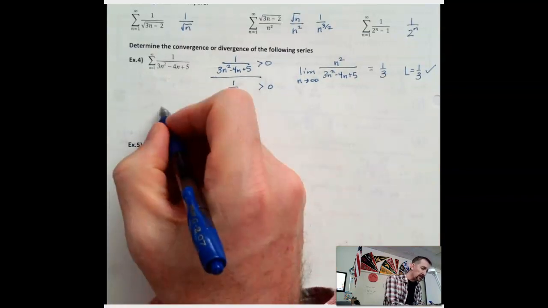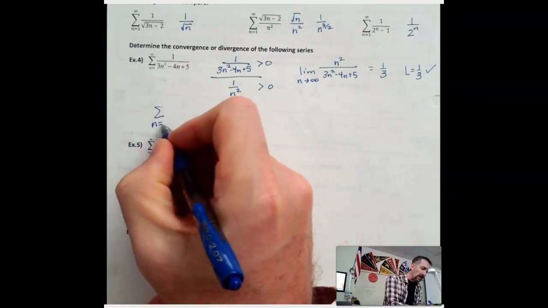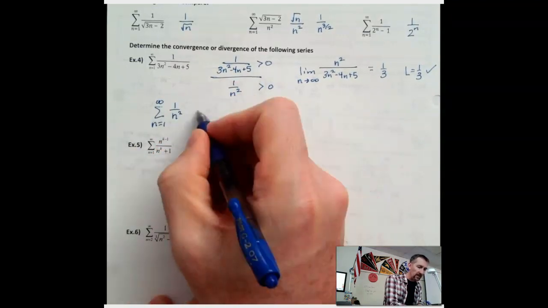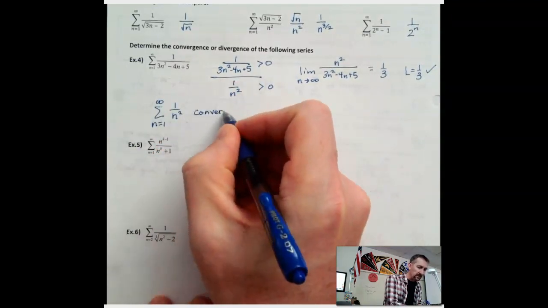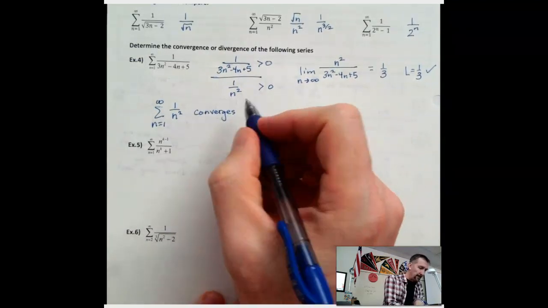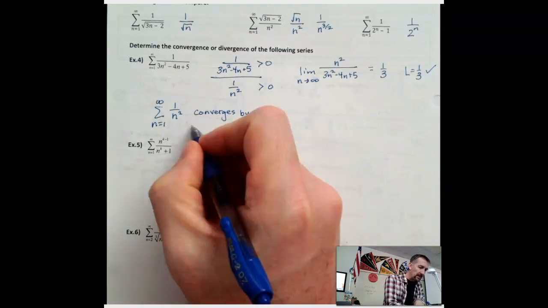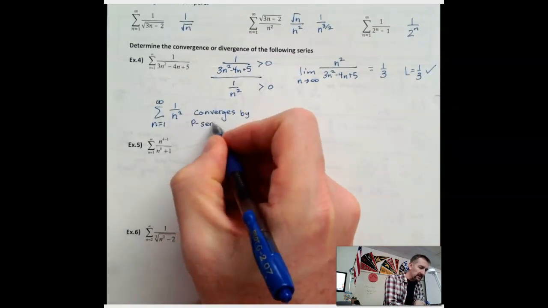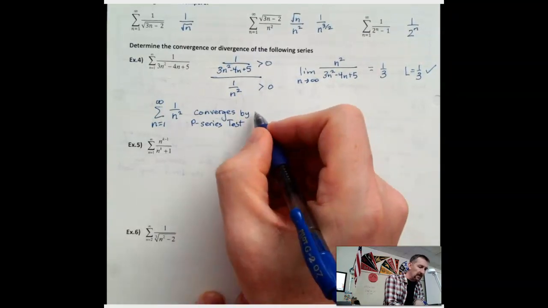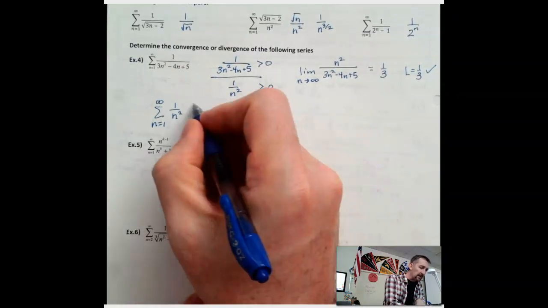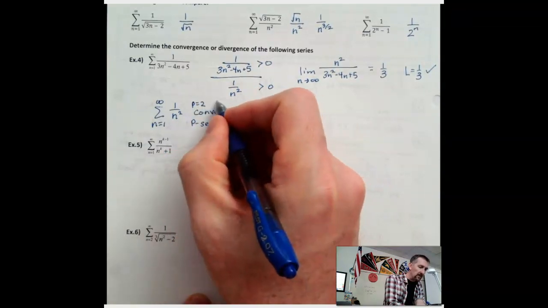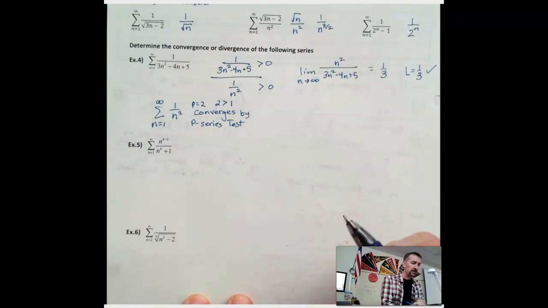The sum from n equals 1 to infinity of 1 over n squared converges by the p-series test, because p equals 2 and 2 is greater than 1.